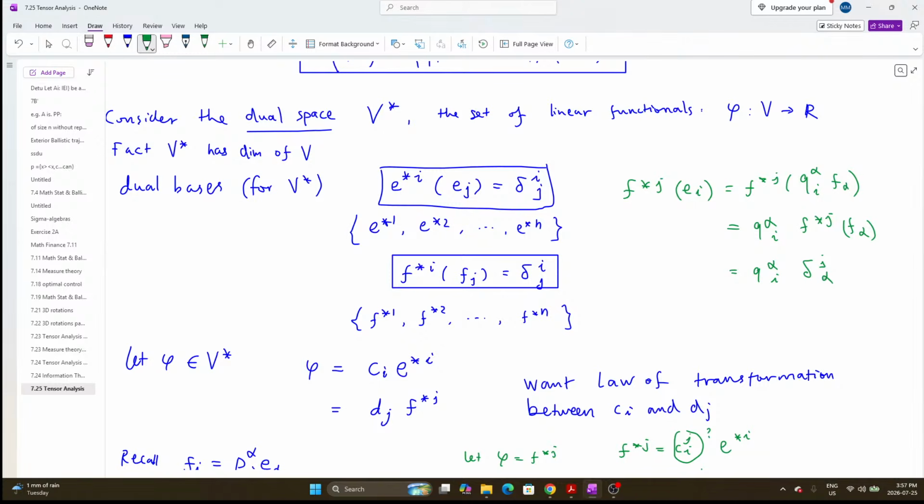But the Kronecker delta can be written, you use a trick. So the Kronecker delta, delta j i, can be written as e star j acting on ei.